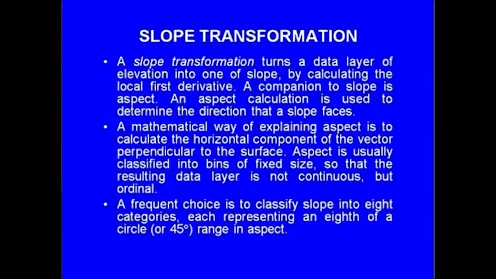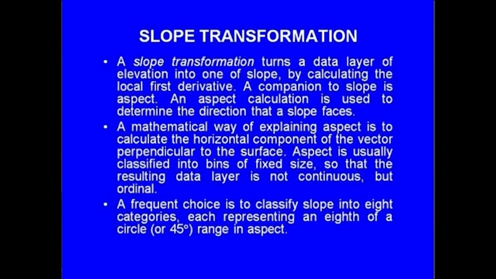Another type of neighborhood analysis is slope transformation. A slope transformation turns a data layer of elevation into one of slope by calculating the local first derivative. A companion to slope is aspect. An aspect calculation is used to determine the direction that a slope faces.